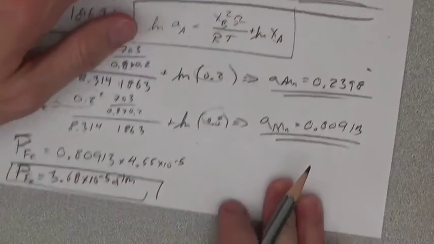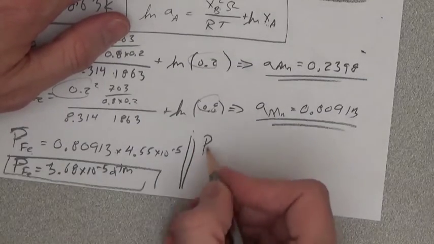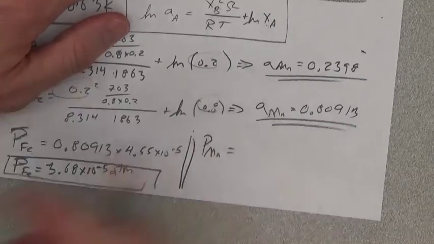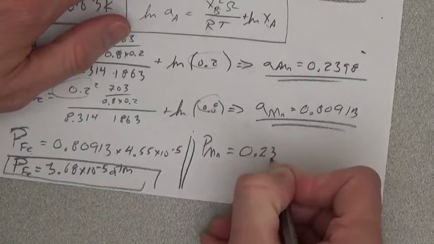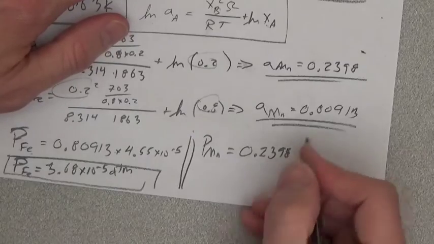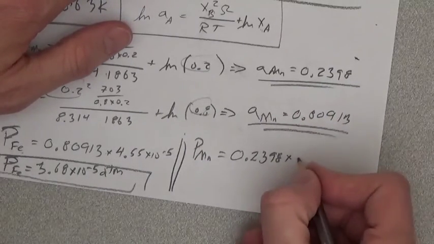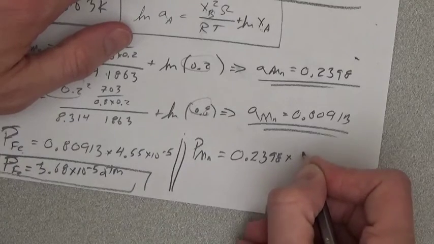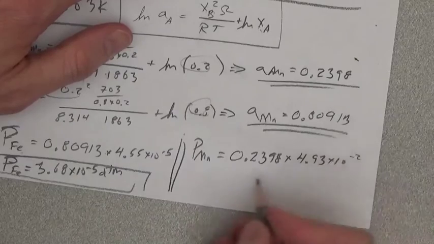And then the partial pressure of manganese, P Mn, is equal to the activity of manganese, which is 0.2398, times the partial pressure of manganese above pure manganese metal, 4.93 times 10 to the minus 2.